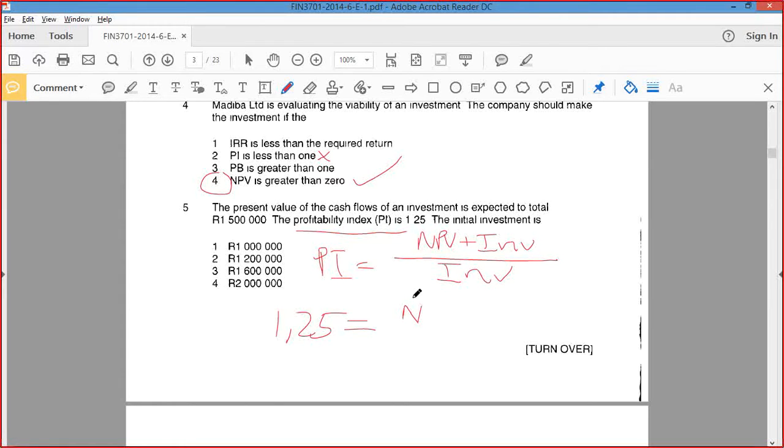Yeah, but here you're putting in the present value of the cash flows. So the present value of the cash flows would be the numerator. 1.2 million.